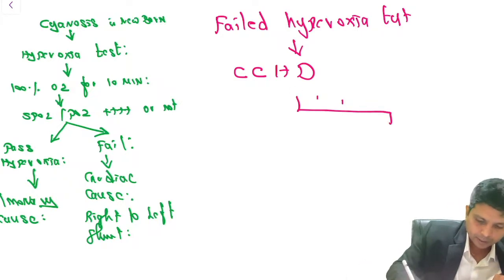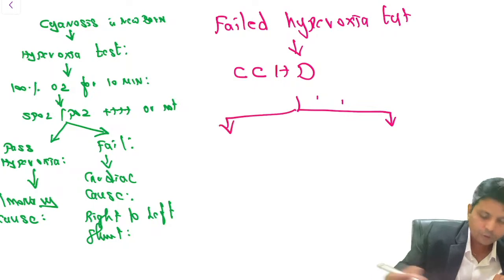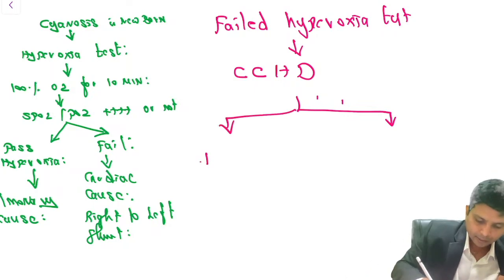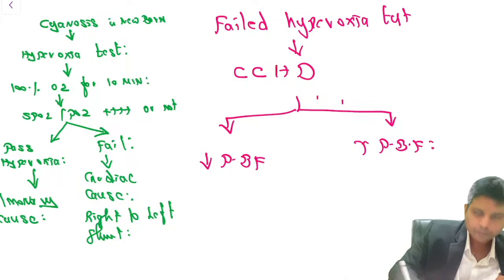In cyanotic congenital heart disease, we divide into two: one is reduced pulmonary blood flow, another is increased pulmonary blood flow.